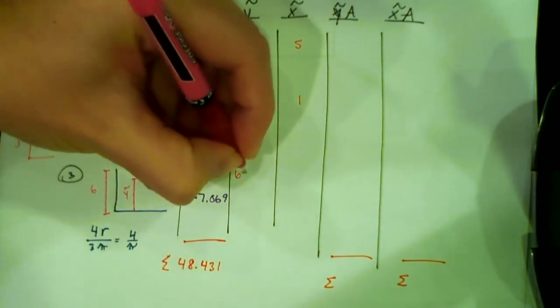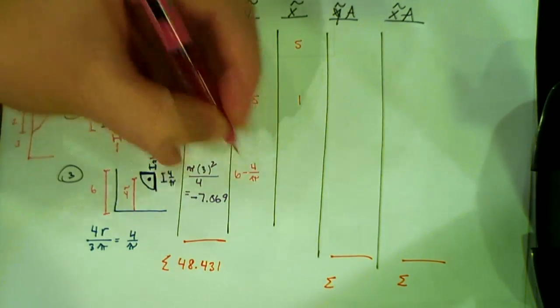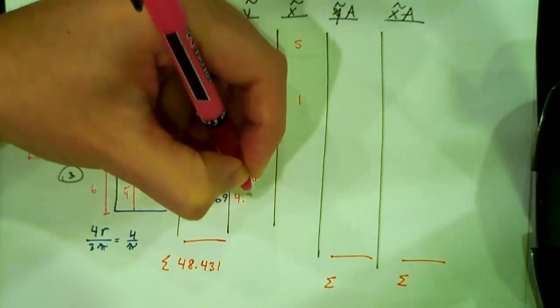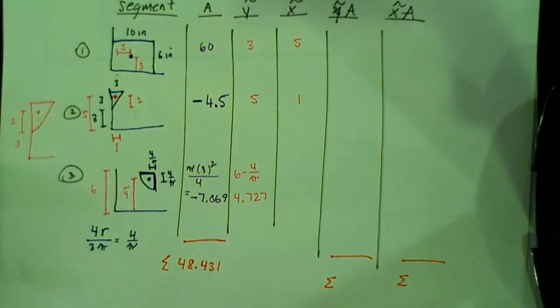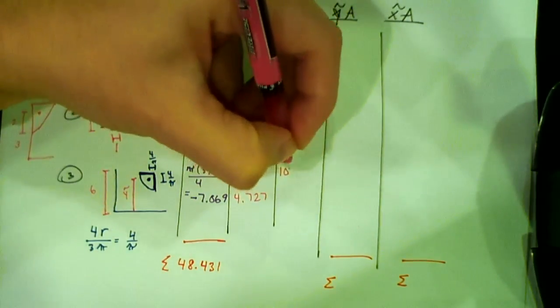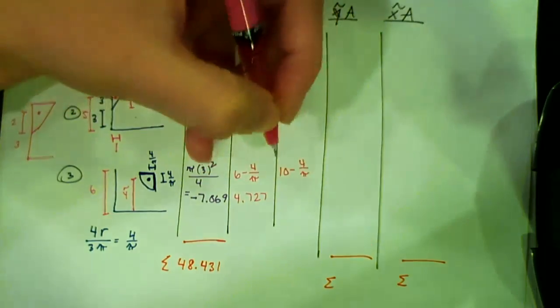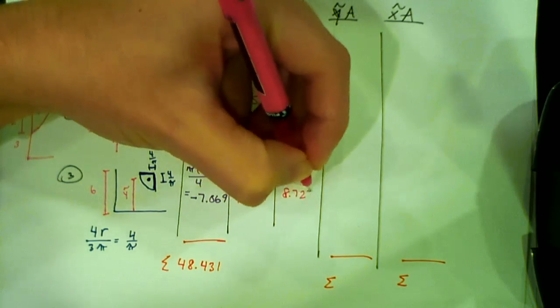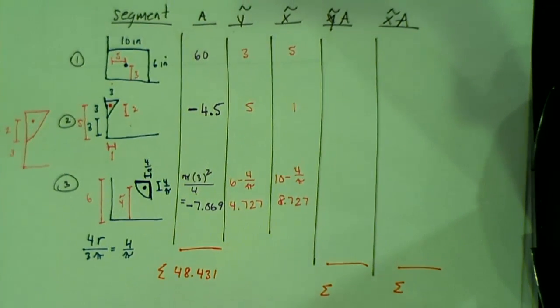So this is equal to 6 minus 4 over pi, which is 4.727. And then it's the same process for the x. So it's going to be 10 minus 4 over pi, which gives me 8.727. Everyone good with that?